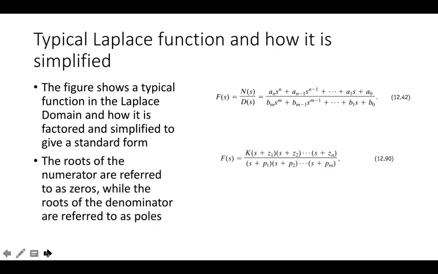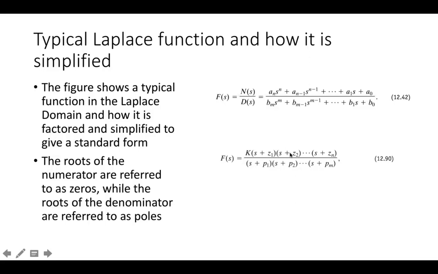So a typical Laplace function, here it is shown in polynomial form. So this is just a typical function in the Laplace domain. The first thing that would be done is we would factor out an a sub n from the numerator and a b sub m from the denominator, represent that as a constant, and then we would factor our numerator in this fashion, and we'd factor our denominator in this fashion.